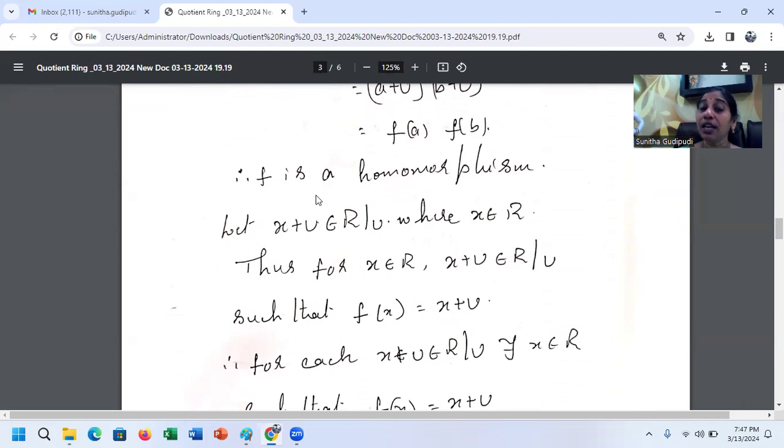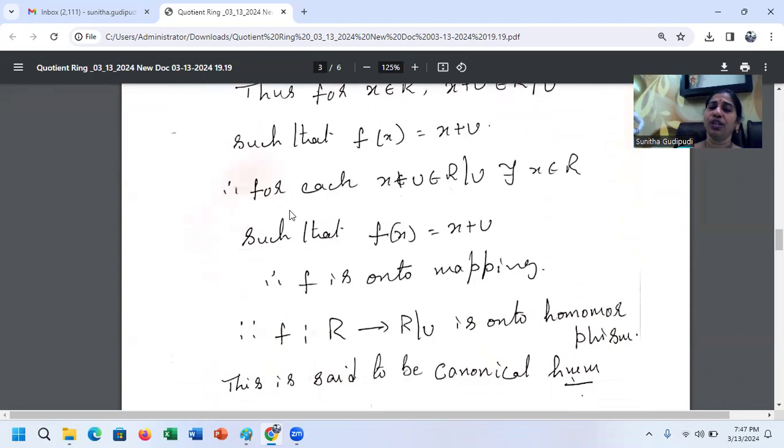But when do you get an element in R/U? Provided there should be an element in R, so where your x is in R. So for every x belonging to R, we should have an image. What is that? f(x) is x+U. So for each x+U belonging to R/U, there exists an x in R such that f(x) is x+U.